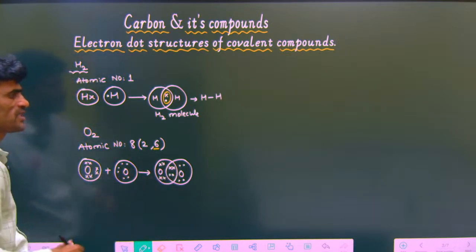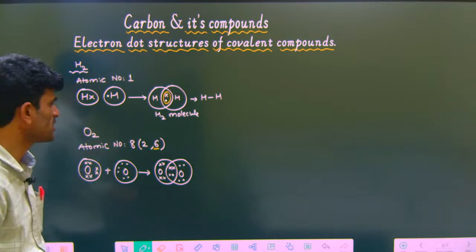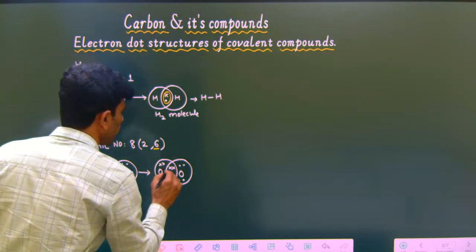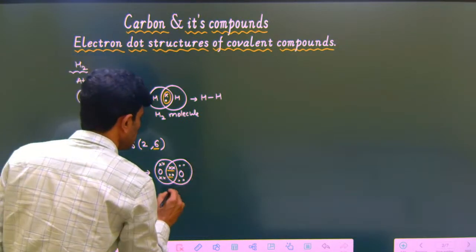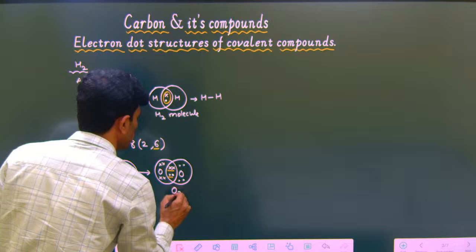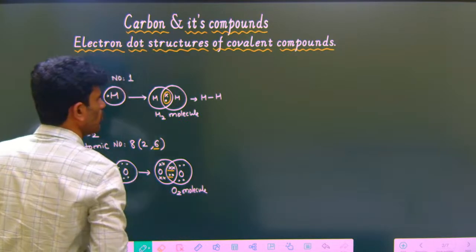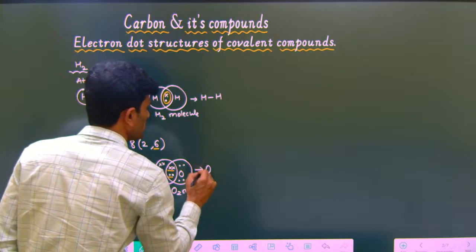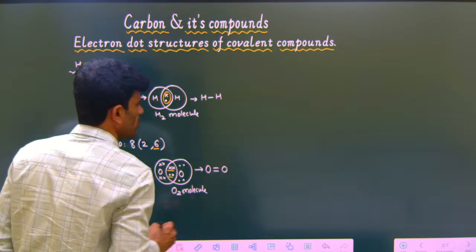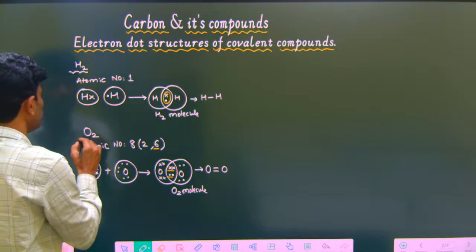So between oxygen and oxygen, 2 pairs of electrons will be shared. This is the formation of the O2 molecule, and it can be represented like this: O double bond O.